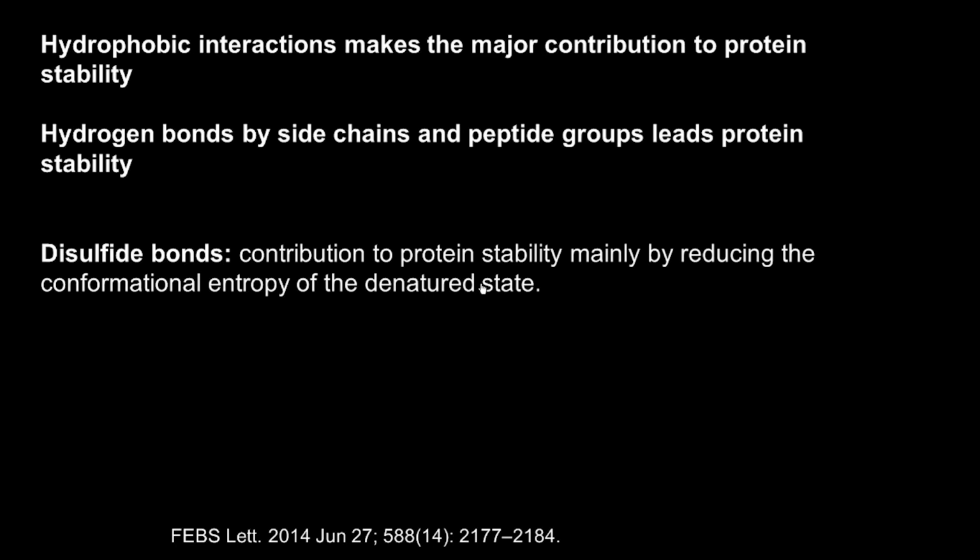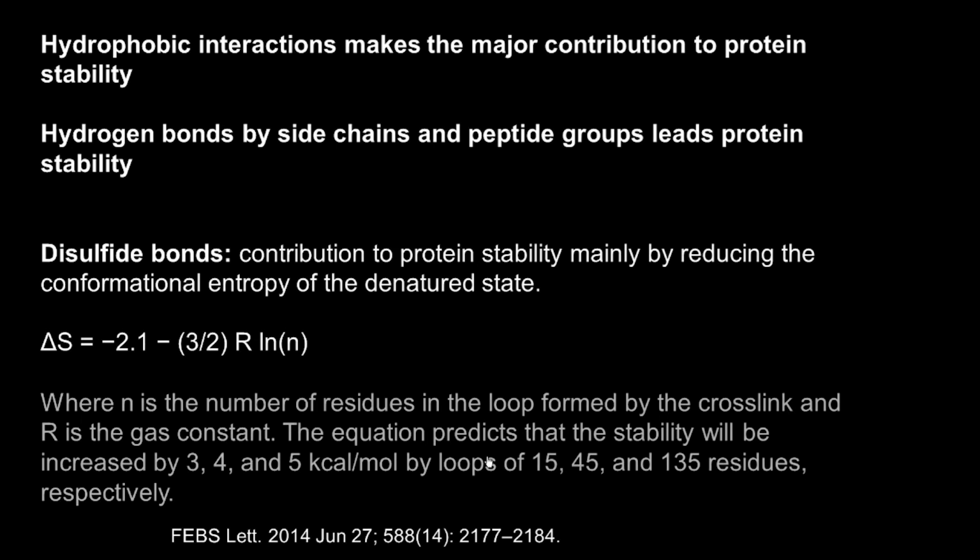If you look at the delta S, minus 2.1 minus 3 by 2 R ln n, this is the number of conformations that are possible. n is the number of residues in the loop formed by the crosslink, and R is the gas constant.